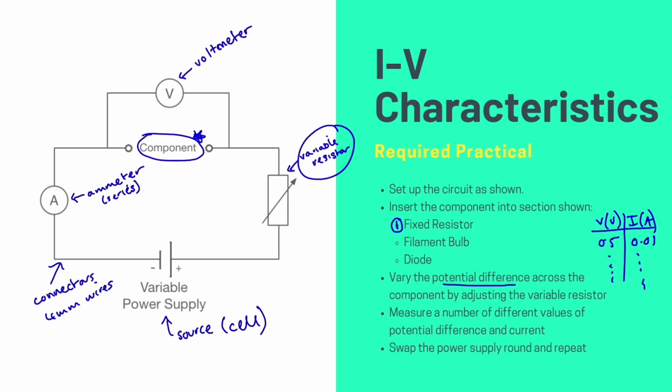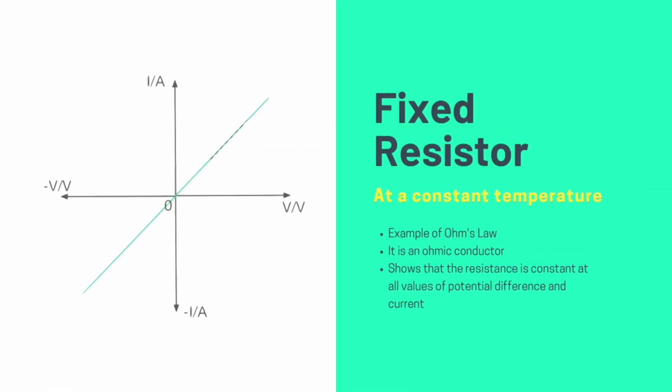And then what we'll do is we'll swap the power supply round. So instead of having a plus here and a minus here, we'll swap the power supply around so we have a minus here and a plus there. And why would we do that? Well, we do that so that when we plot our graph, we have a positive side of the graph and a negative side of the graph.